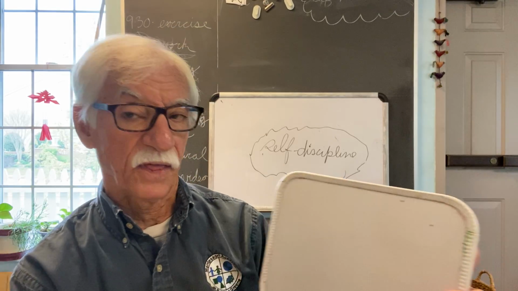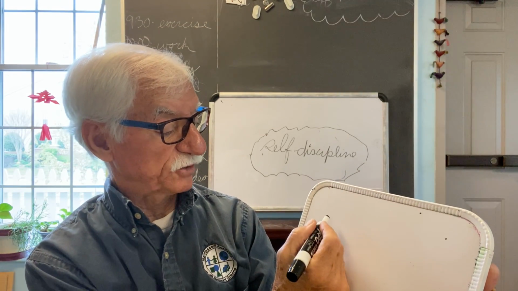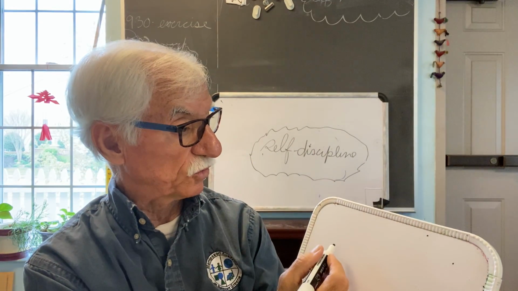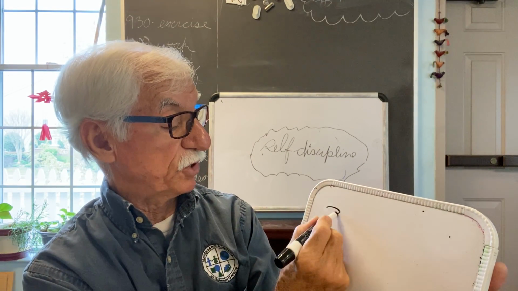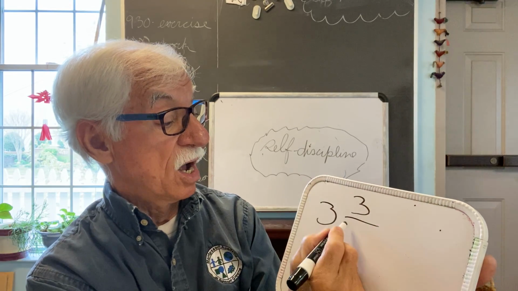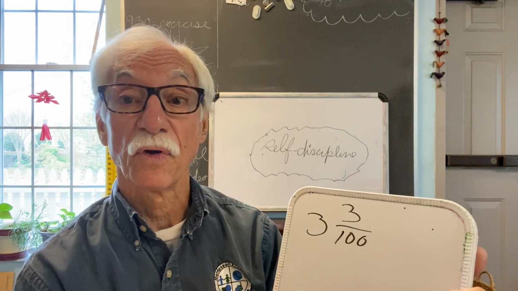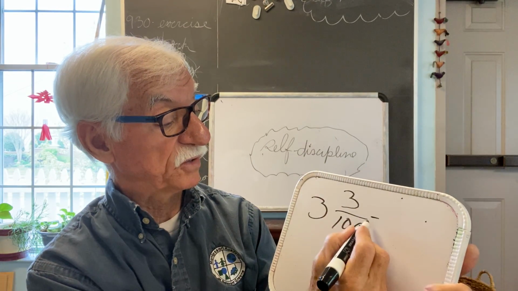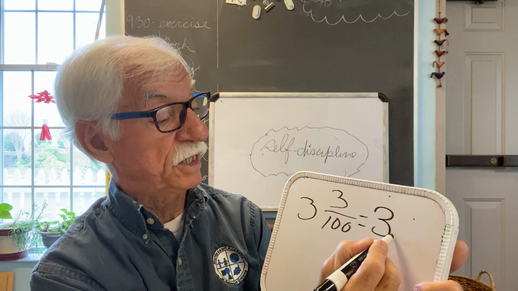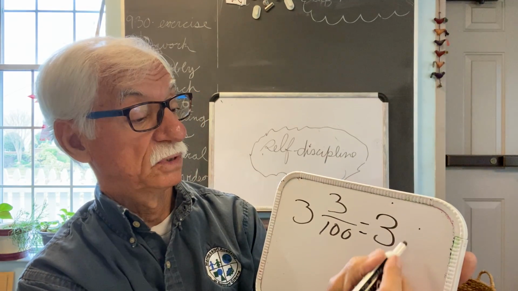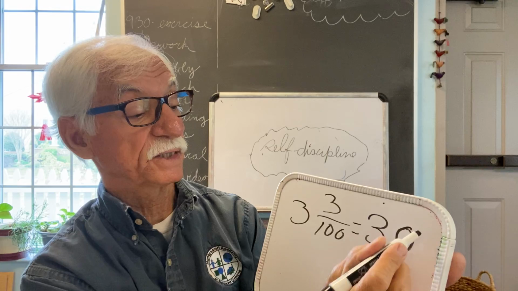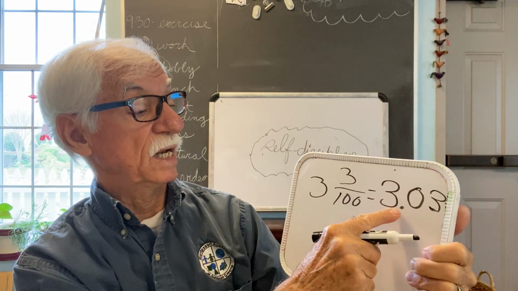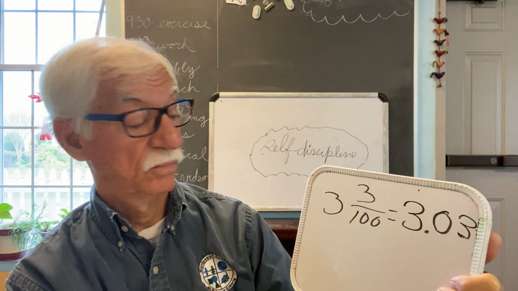I want to give you one other thing I think we did last week. All right, so I said we could go to the next place value in the decimals, and we could do 3 and 3/100ths. Hundredths, say that, 3 and 3/100ths, mixed number, and that equals 3 decimal 0 in the tenths place, but 3 in the hundredths place. 3 and 3/100ths.